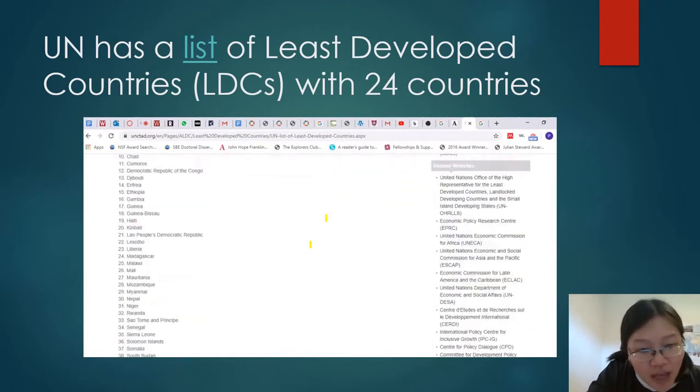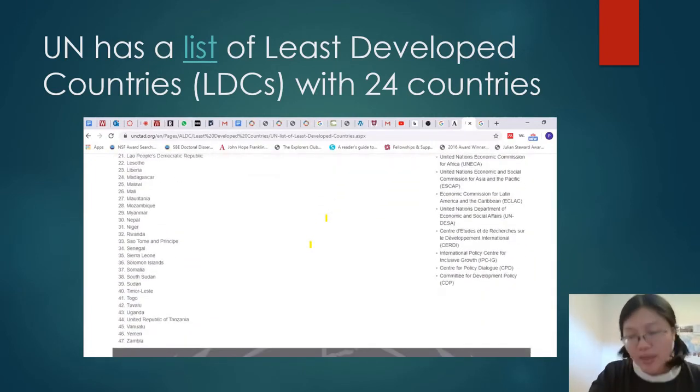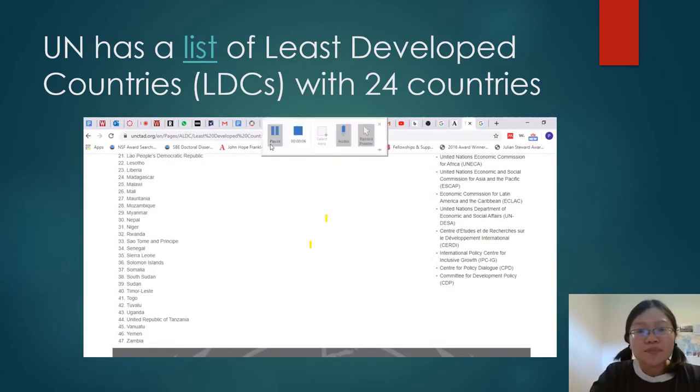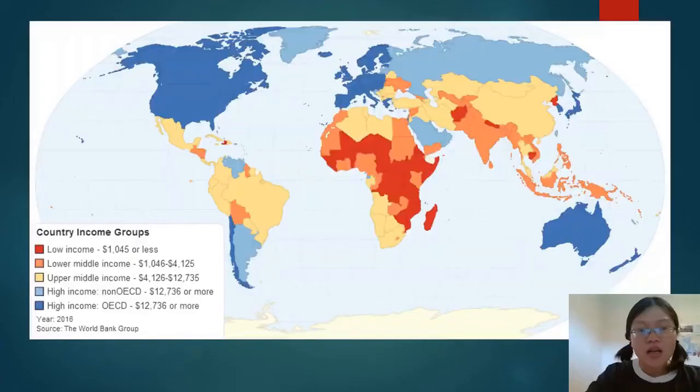You have Afghanistan to Zambia in the end. The idea of listing these countries is actually for people to target them for development aid, for development assistance. But still, it has put all these countries into a category of least developed countries, right? What they mean by that is usually they have very low income, low life expectancy, low education, and those are the standard indicators they use.